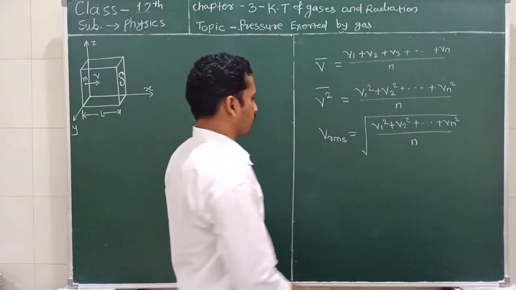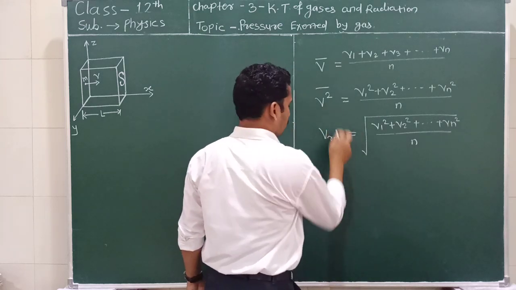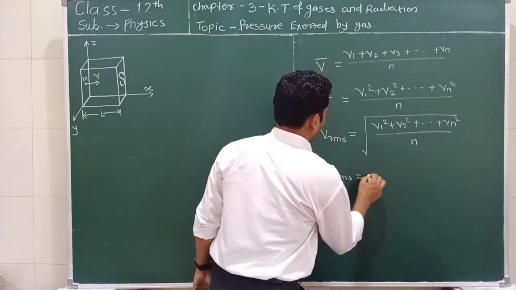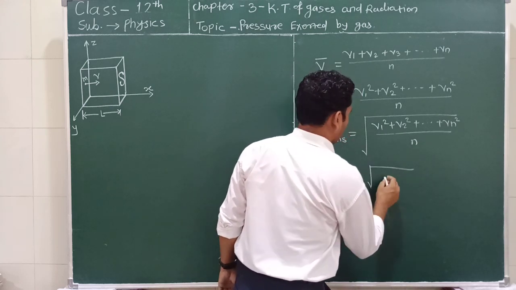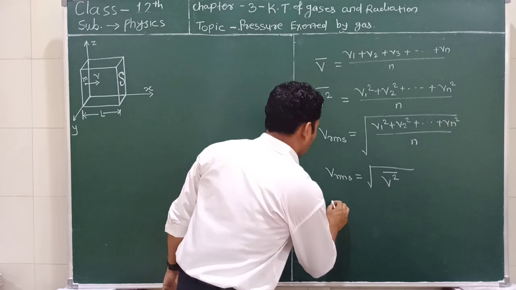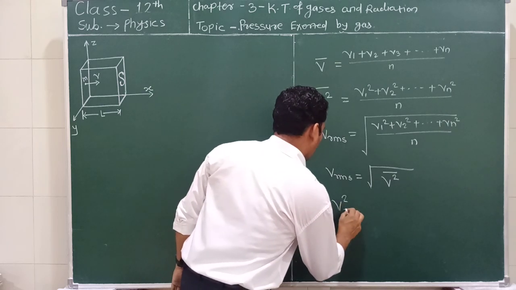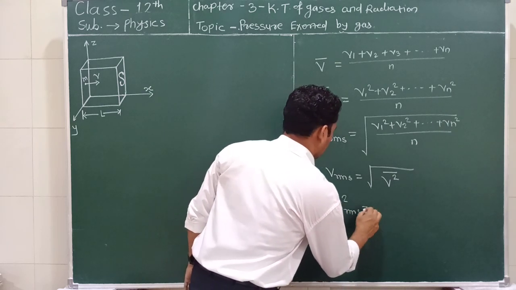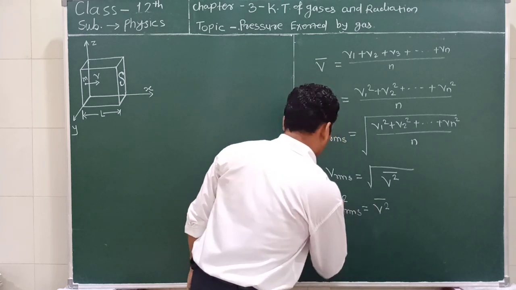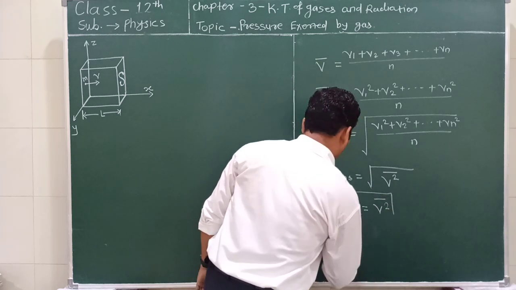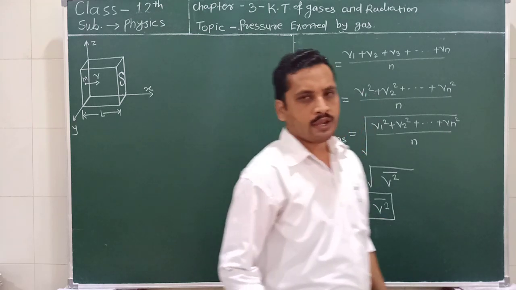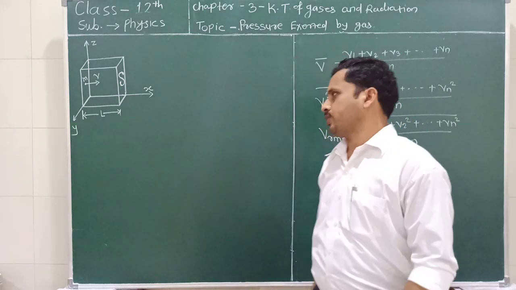So we can write V_RMS is equal to the square root of v square bar, or we can also write V_RMS square is equal to v square bar. This is the important relation we need while deriving the equation for the pressure.